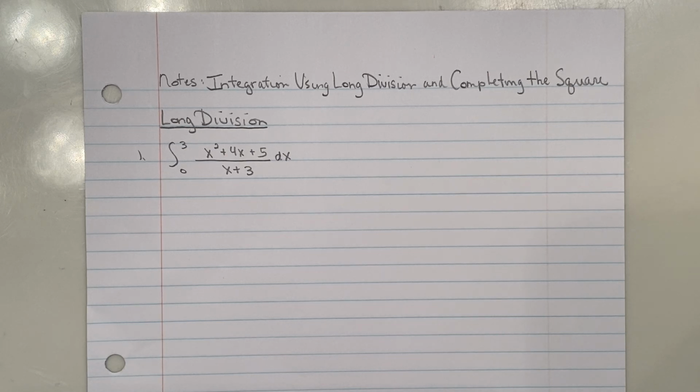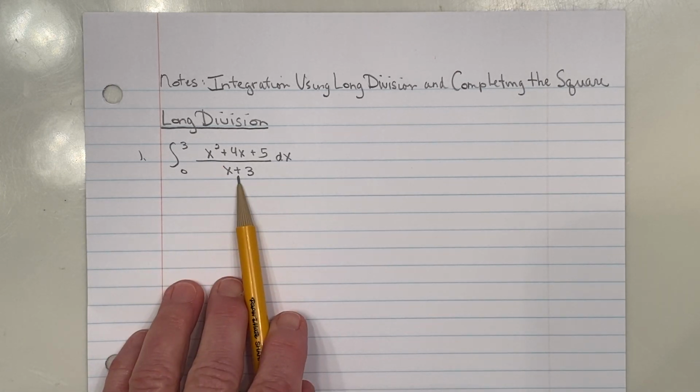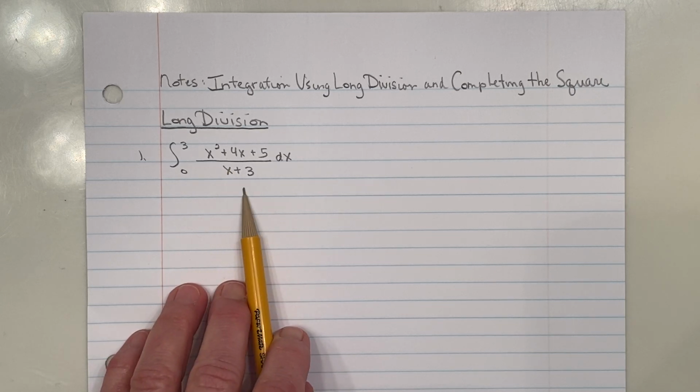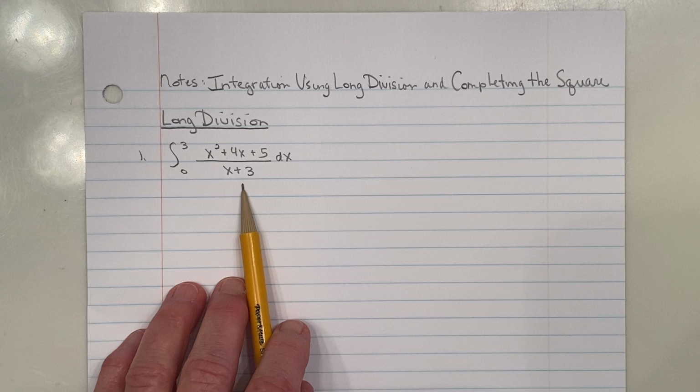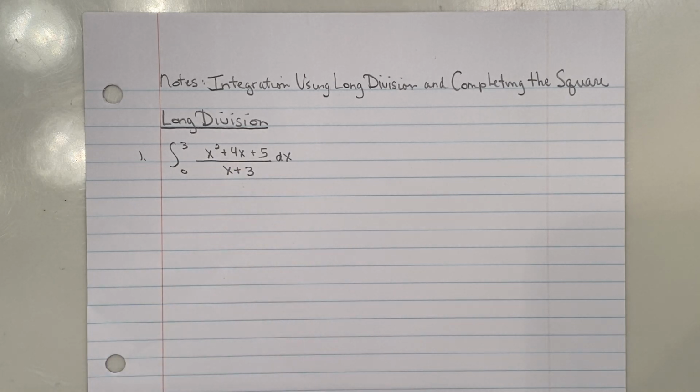Should I use U substitution? Well, if I attempted to use U substitution, I'd have to let U be the numerator because I have a higher degree here than I do here. Problem is, I don't want to let U be the numerator if I'm going to go back to an ln answer. So it looks like U substitution's out.